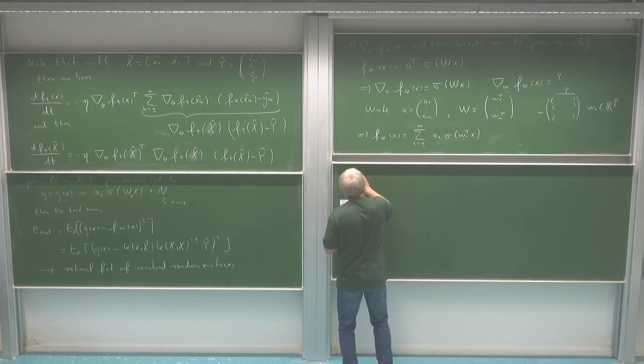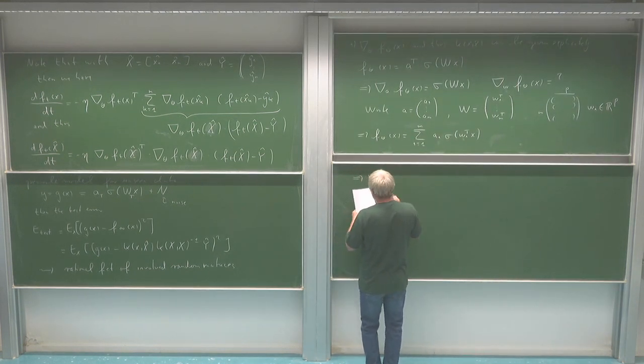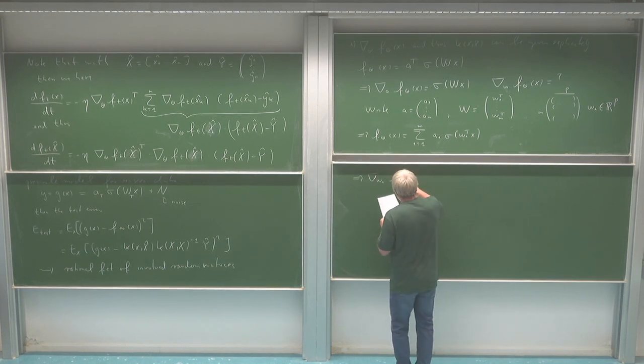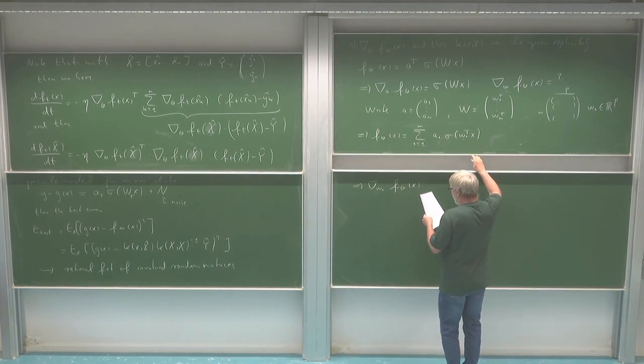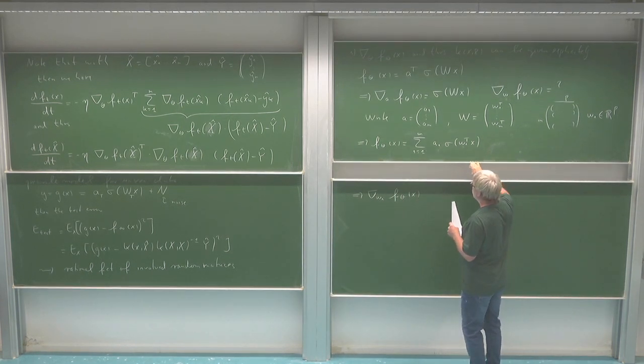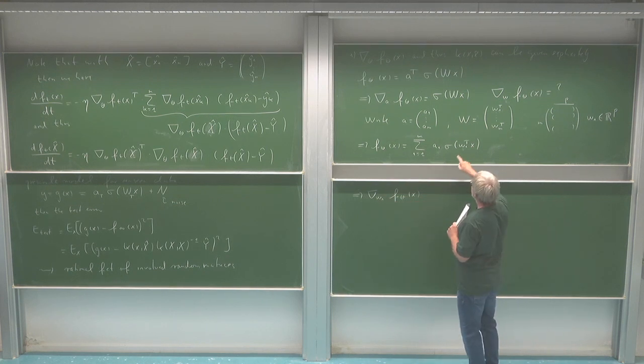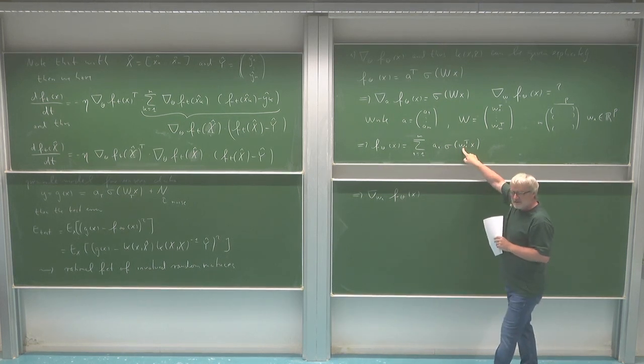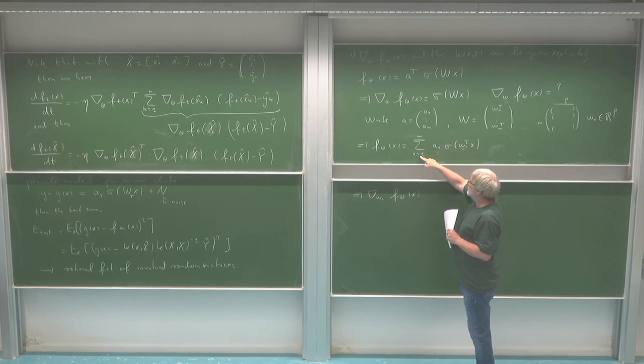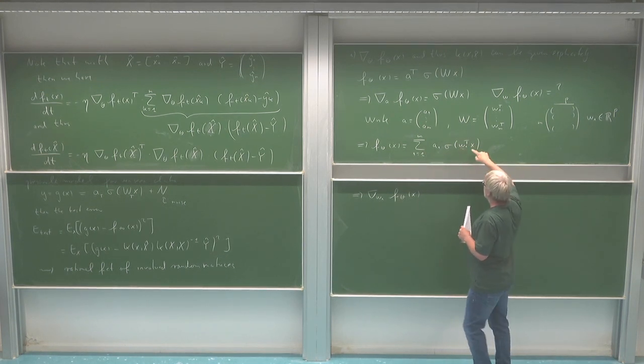So I can now consider the gradient with respect to the wi for fixed i of my function f theta of x. So this is this function here. And now if I take the derivative with respect to wi, of course, in the sum only the i-th term plays a role here. Okay, and then what do I get?